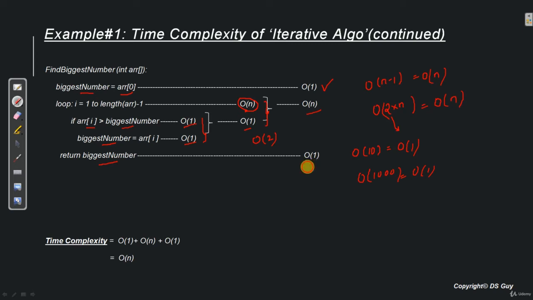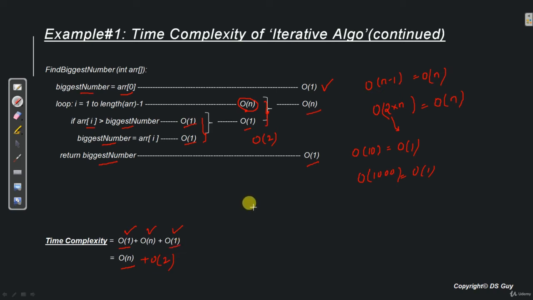That is a constant time operation. If we add up all of this, what we get is order of 1 plus order of n plus order of 1. So this comes to order of n. Why are we saying order of n and not order of 2? Because this order of 1 and this order of 1 are constants and we can safely eliminate them.